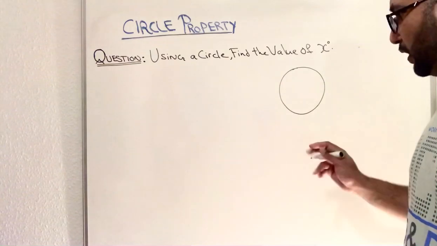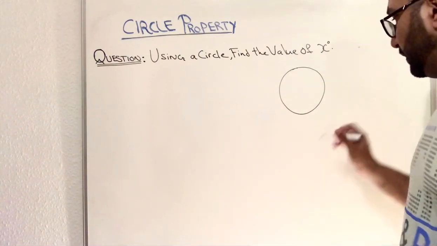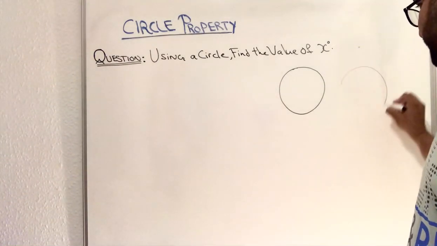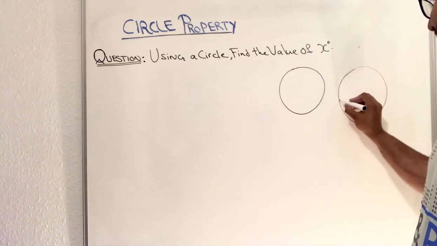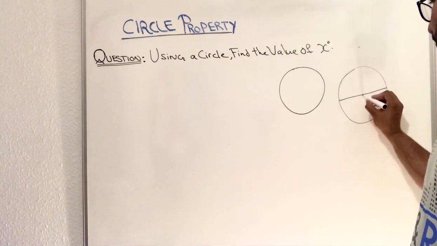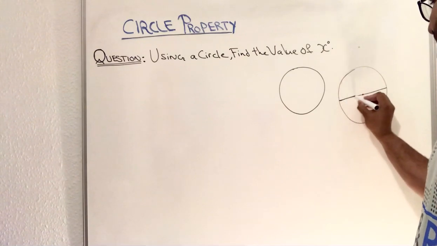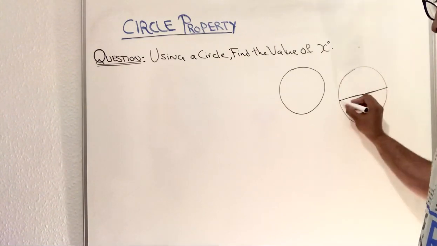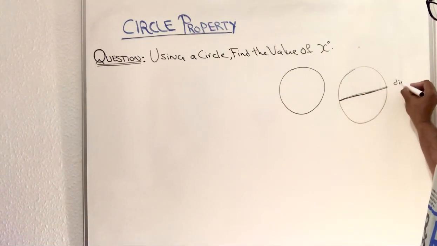What is a chord? If I draw another circle, I can explain it to you. This is called a center point, this is called a radius, and this is called a diameter.